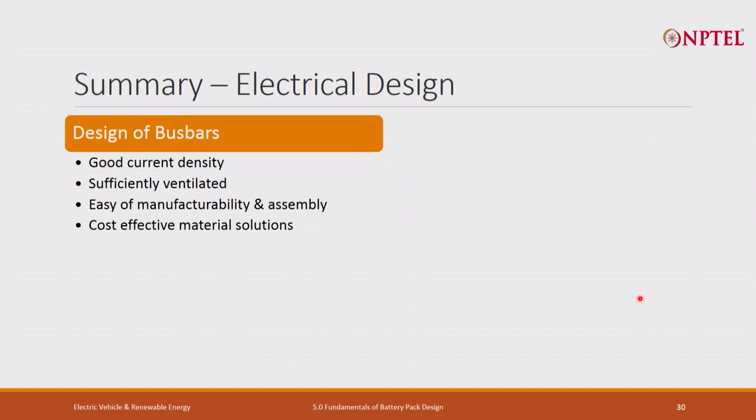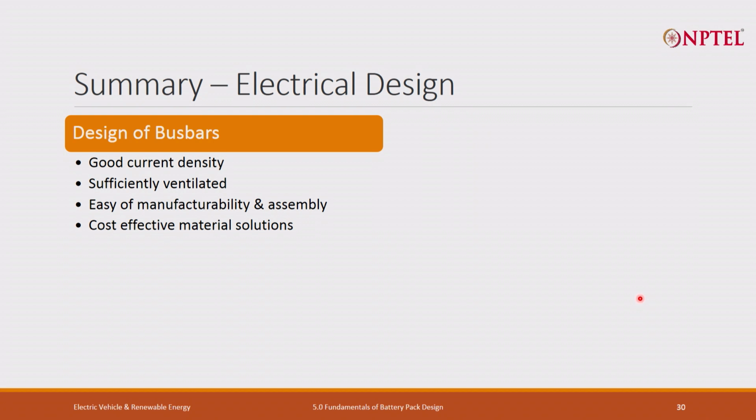The next important thing in the electrical design is the design of a bus bar. It should have a good current density carrying capacity. It should be sufficiently ventilated, so that temperature never crosses the safe limit of the material or design criteria. It should be easily manufacturable and easy to assemble.